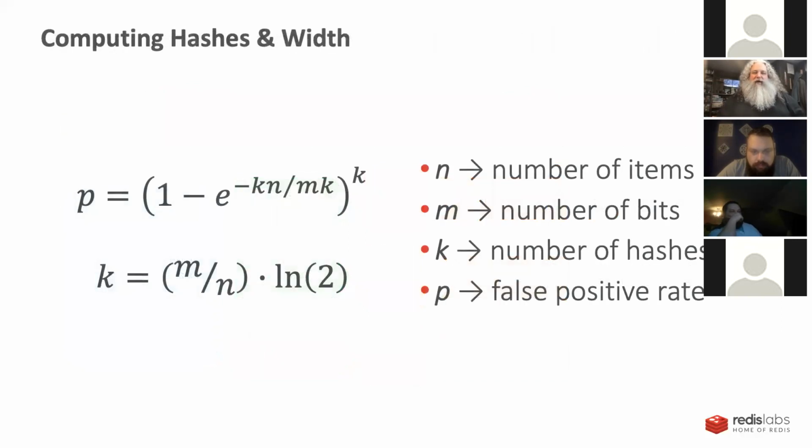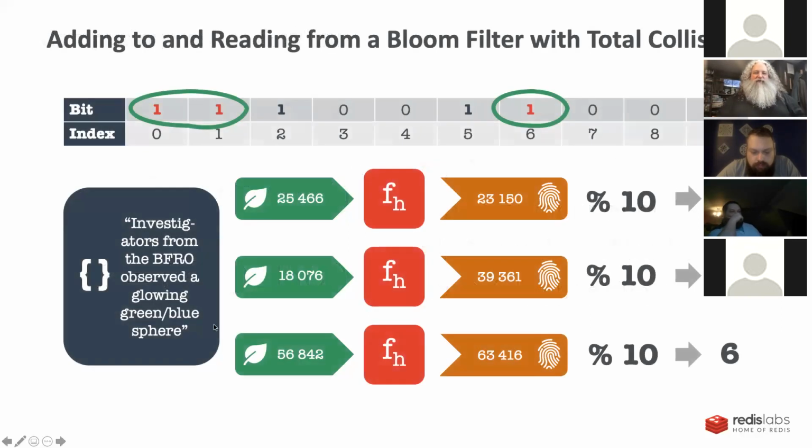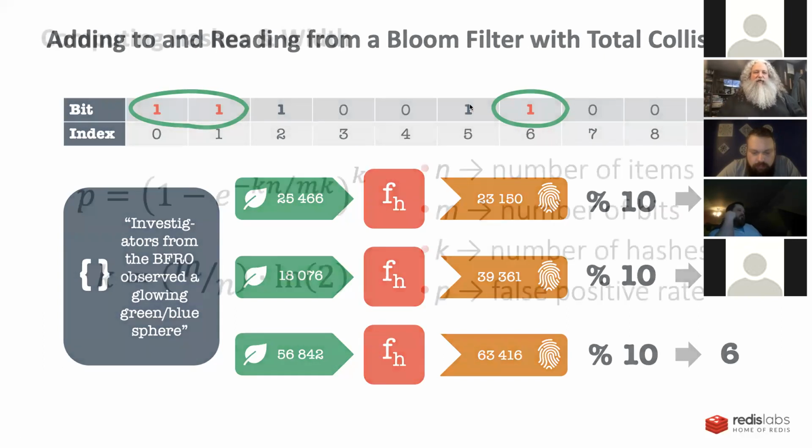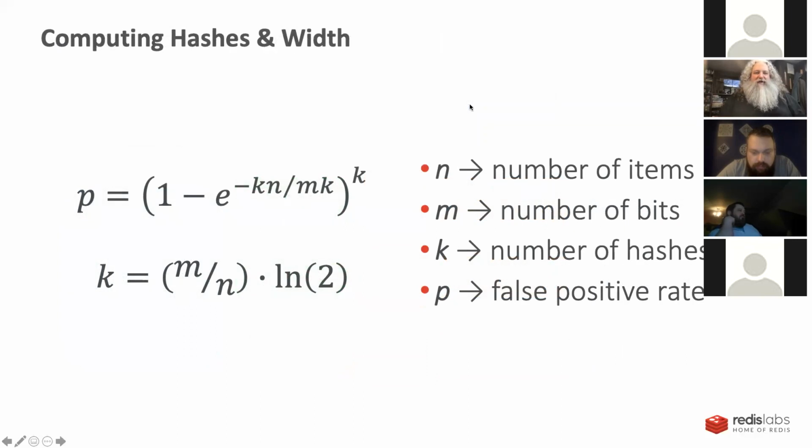And you can control that by varying, as I mentioned earlier, the number of hashes and the width. And here is the formula to do it. Very easy, no problem whatsoever. This actually isn't as intimidating as it looks, because you can take the number of items and the number of bits and solve for K in this formula down here.